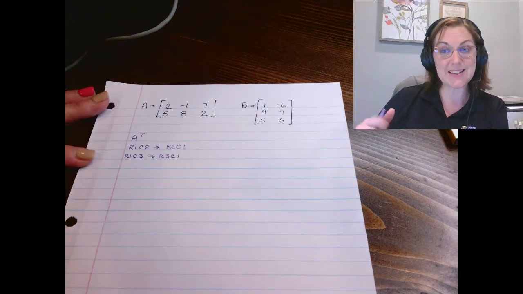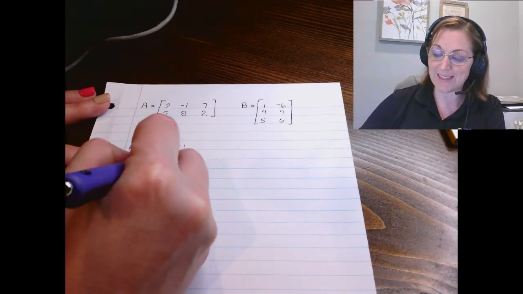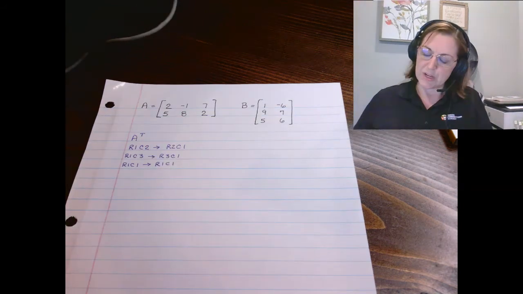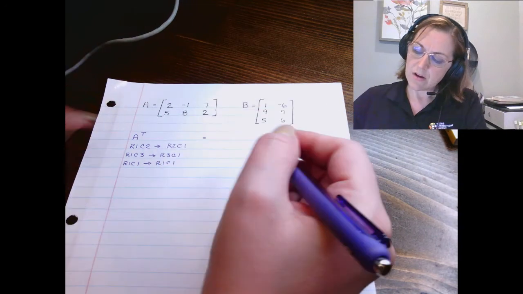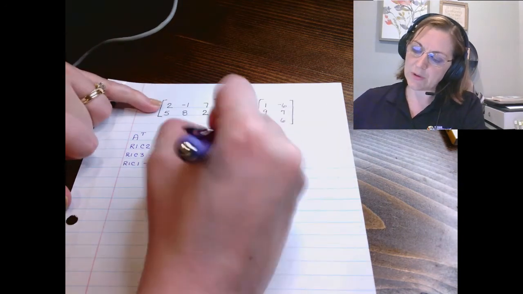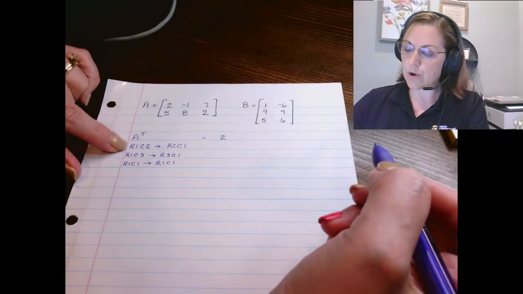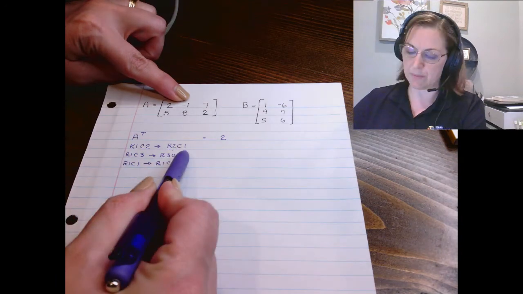The reason I didn't start with row 1, column 1 is because you could easily see then that that element's not going to change location. It's going to stay there. So let's see what that might look like for A. Row 1, column 1, we said that's going to stay put. Row 1, column 2 is going to row 2, column 1.